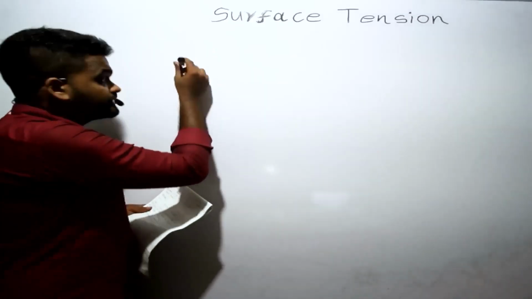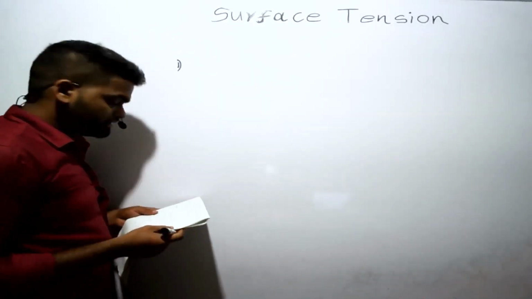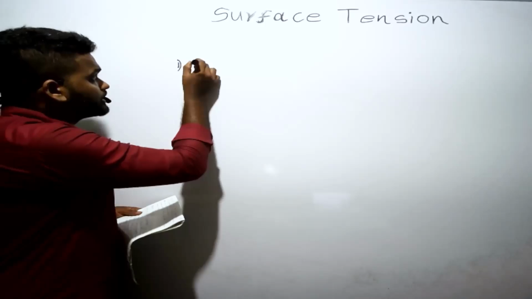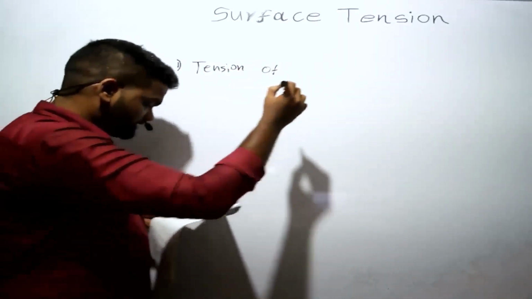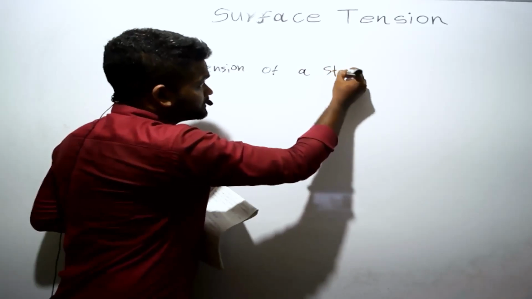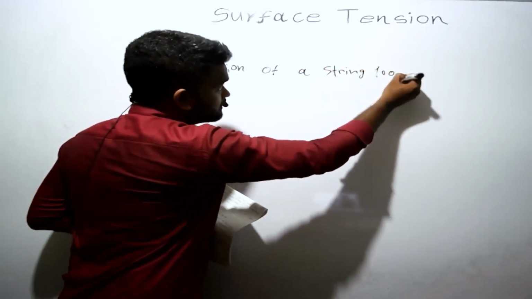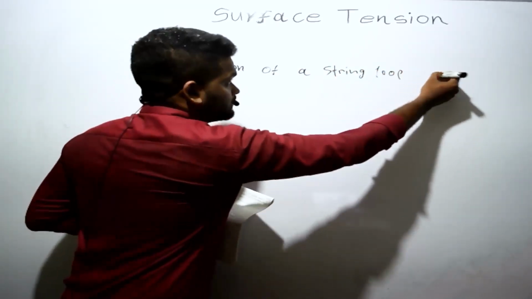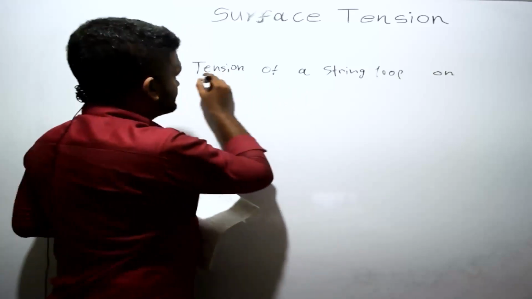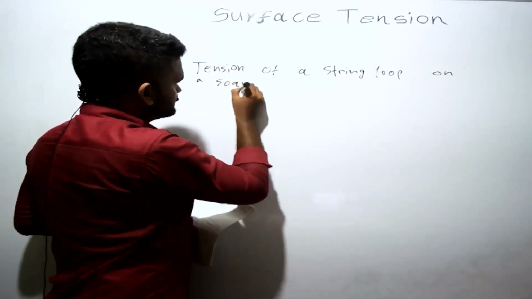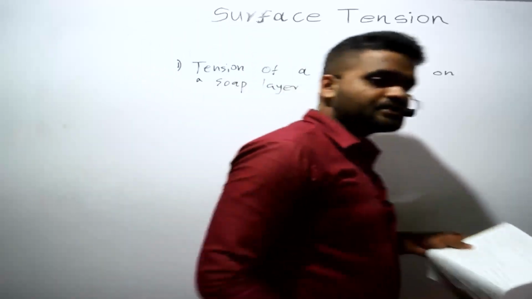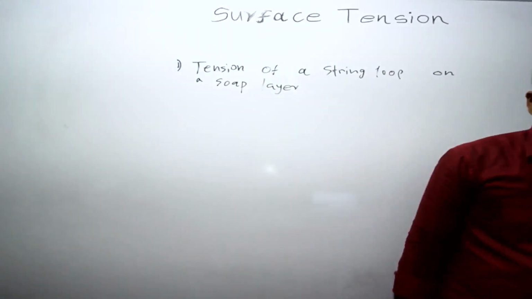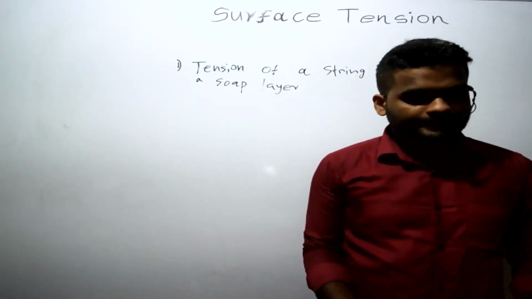Under that, write the first one: tension of a string loop on a soap layer.